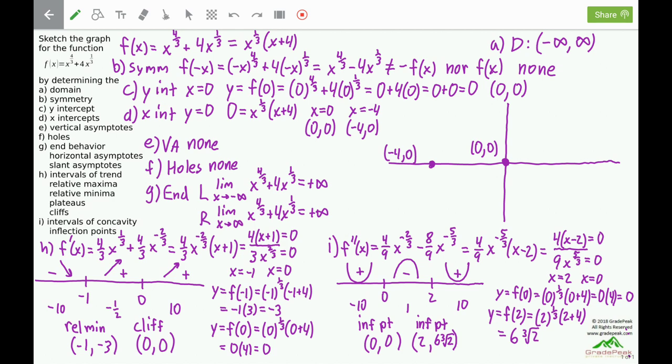There are no vertical asymptotes, there are no holes. The left end behavior is positive infinity. That means on the left end it's going to end up here. The right end behavior is also positive infinity, so the right end it will also end up here. So we'll be sure that that is the case. Right at -1, -3, there will be a relative minimum.